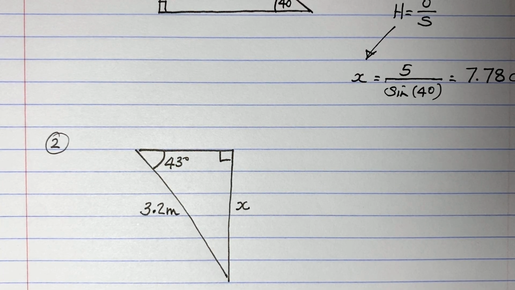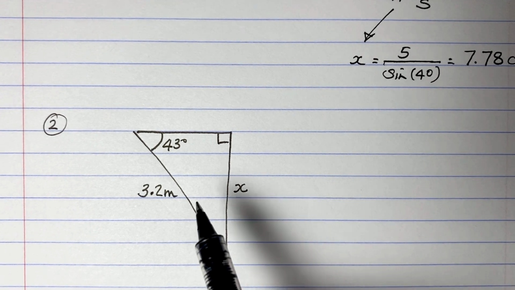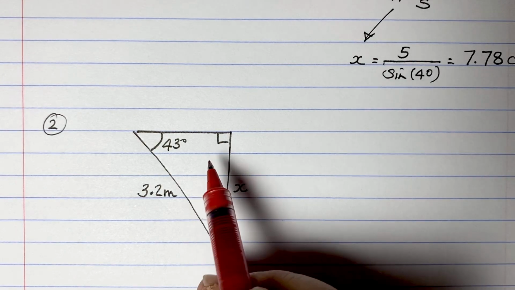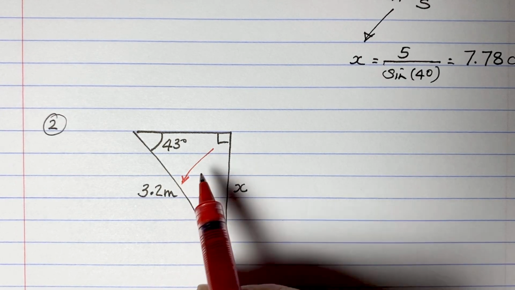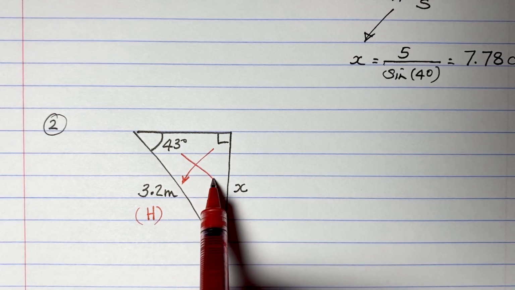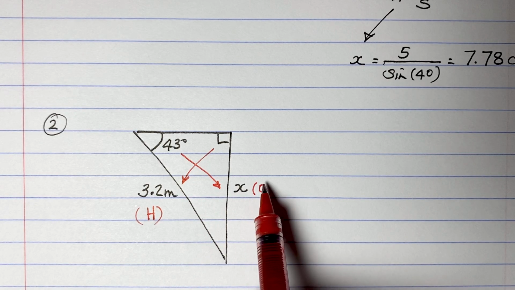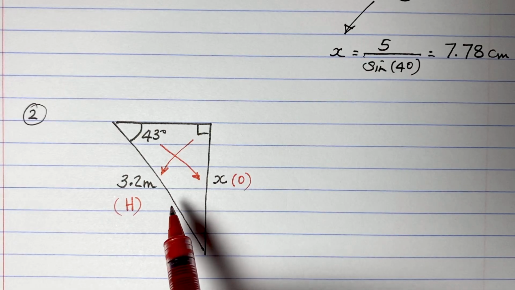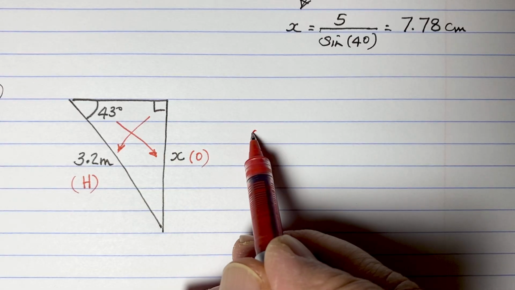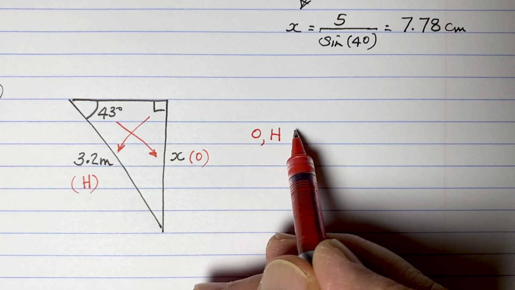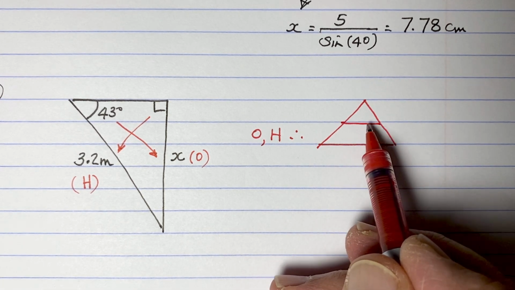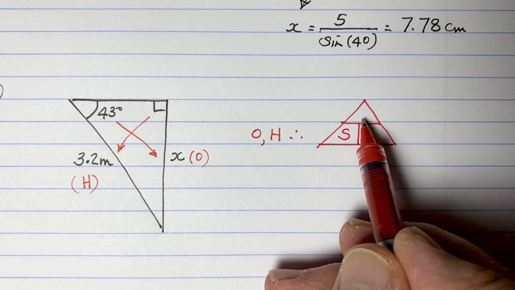Whether I'm using sine, cos, or tangent depends on what information is given to me in the exam and what is required. We all know opposite the 90 degrees is the hypotenuse, so H is involved. Opposite the given angle is called opposite, so that's O. So again, I've given you a question which involves O and H, like the first example. So we go O, H, therefore I should be looking for a triangle with O and H in it. And it's the first one, SOH.